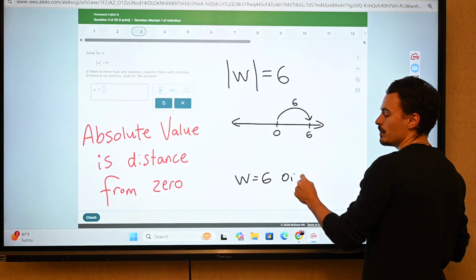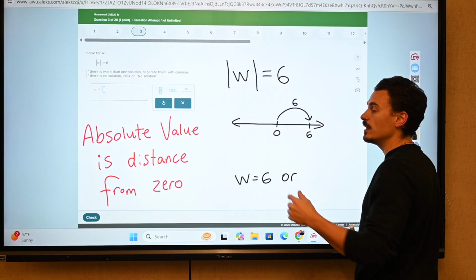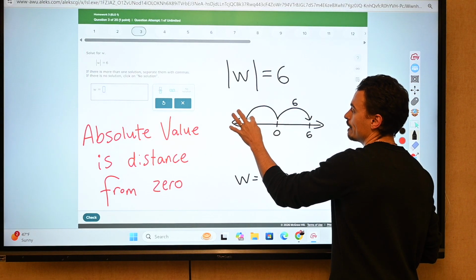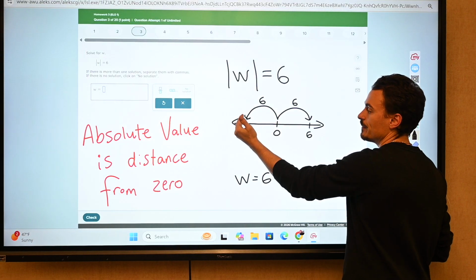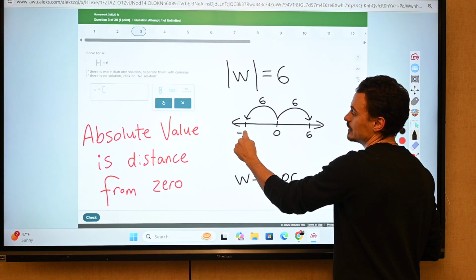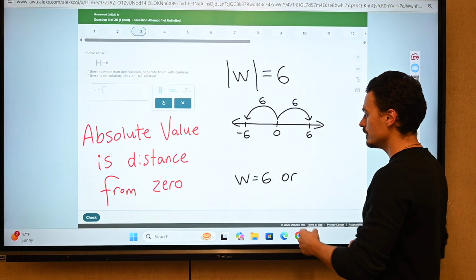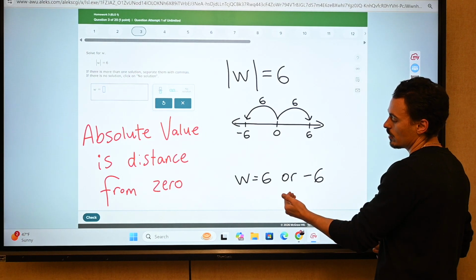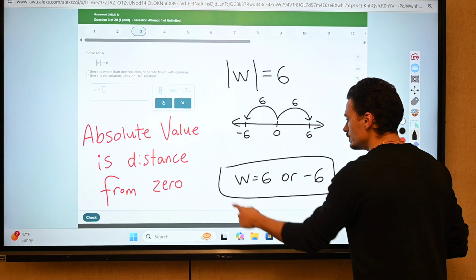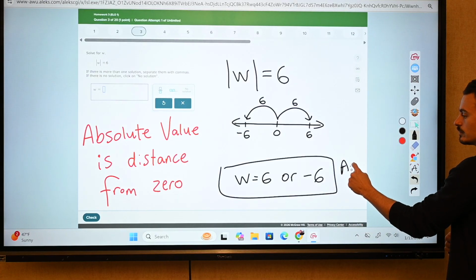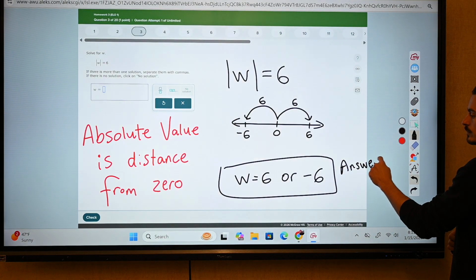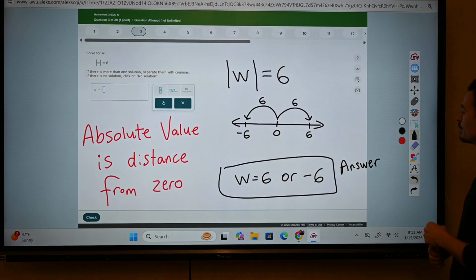But we could also go the other way, 6 away from 0, and that would land on negative 6. So with absolute value problems, you have 2 answers that it could be. So you have 6 or negative 6.